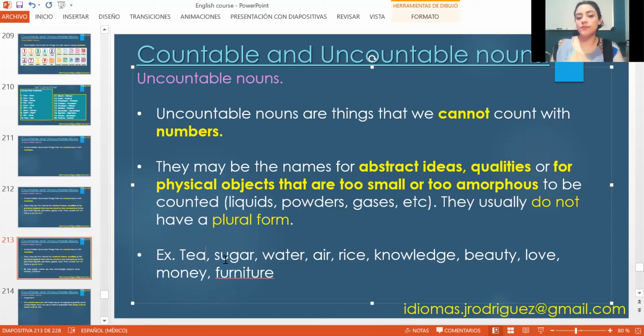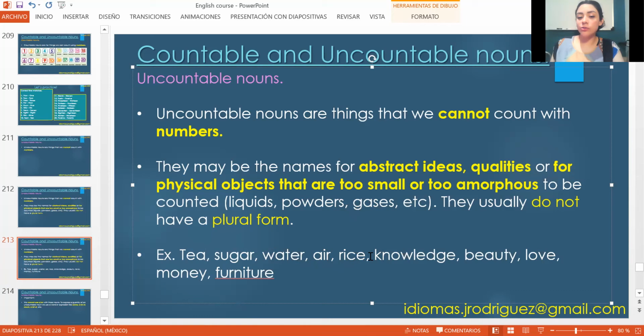Sugar is the same, grains, granos de azúcar, so uncountable. Water, liquids, okay, líquidos, agua. Air, gases, aire, uncountable. Rice, arroz, rice.